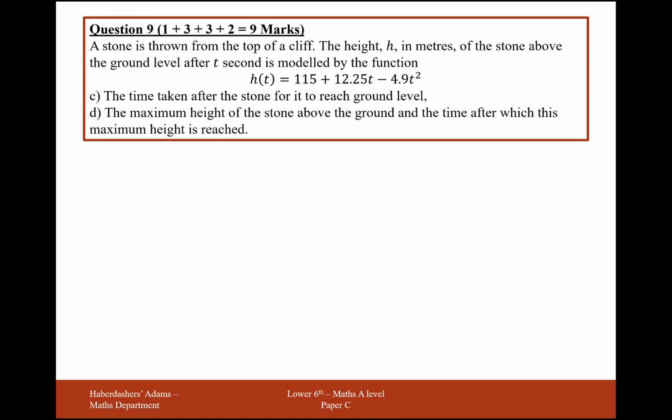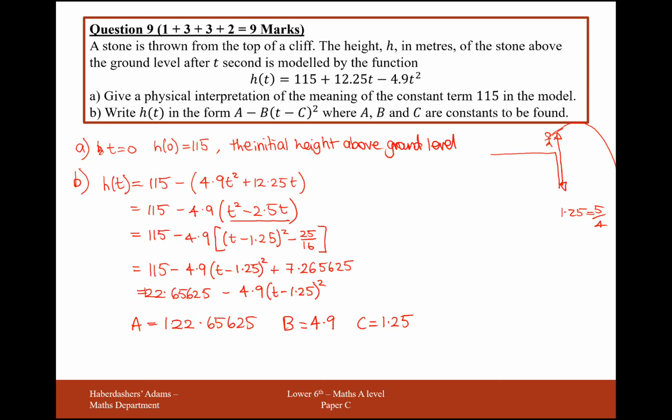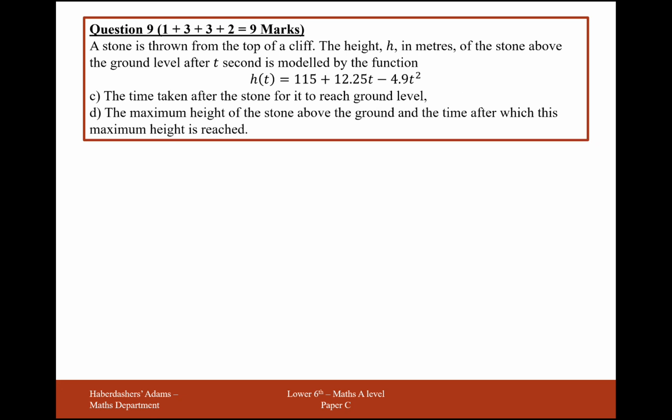Okay, great. C, find the time taken after the stone has reached for it to reach ground level. Okay, so what we want to do here is find the time it takes to reach ground level. We're going to want to set this function here equal to 0 so that the height is effectively then 0. So this is going to mean that 122.65625 minus 4.9 bracket t minus 1.25 squared equals 0.